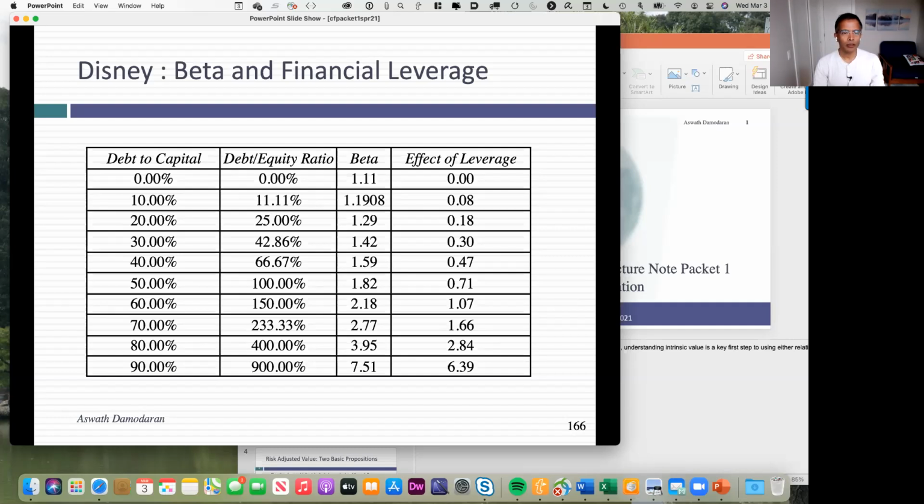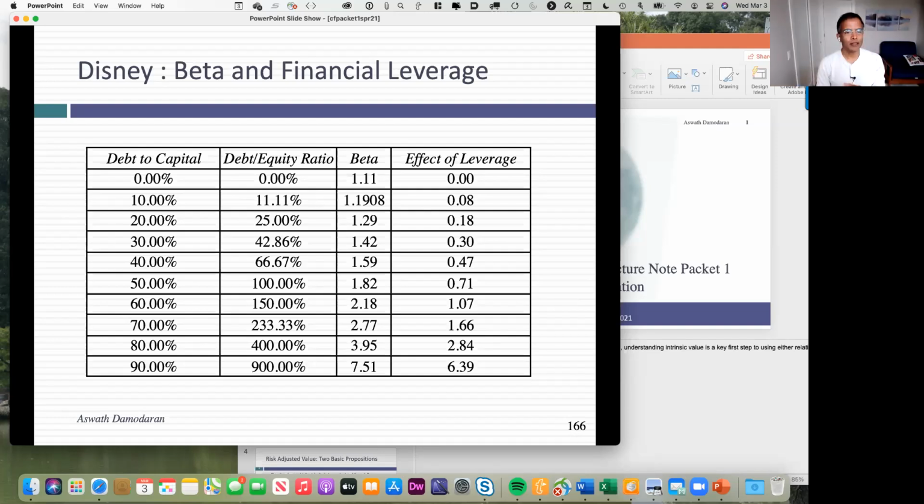You know the easiest way to do that is, Sam, if I have a debt to capital of 40%, how do I get from there to a debt to equity of 66.67%? You just need to subtract out the debt part of your capital.